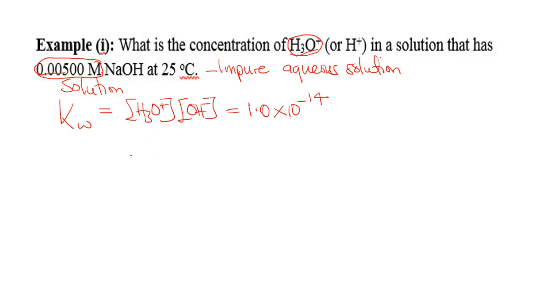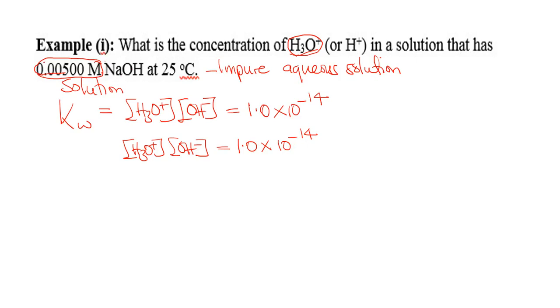So if I rewrite this, the concentration of hydronium and concentration of hydroxide will give us 1.0 times 10 to the power -14. That is the Kw.